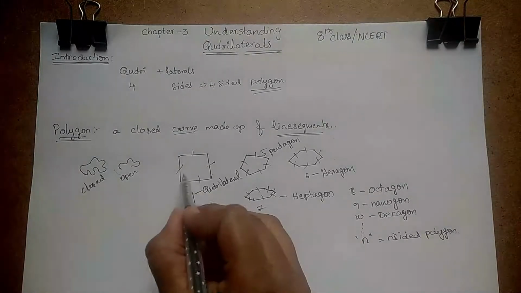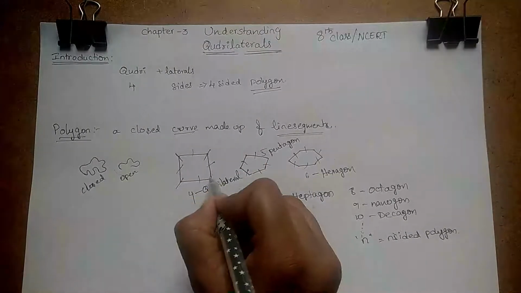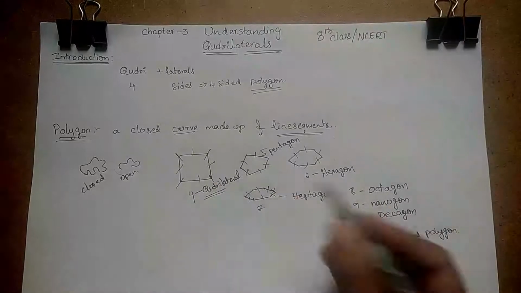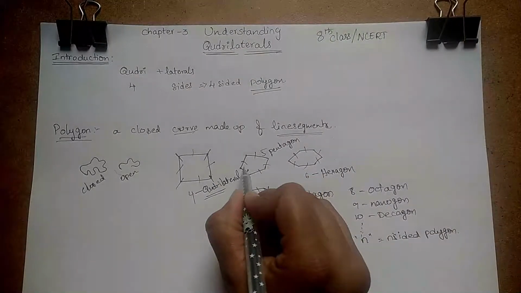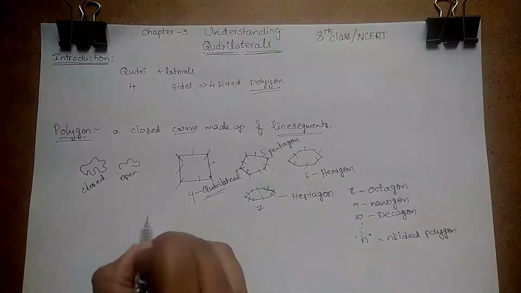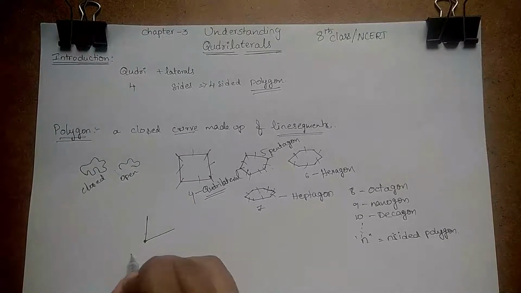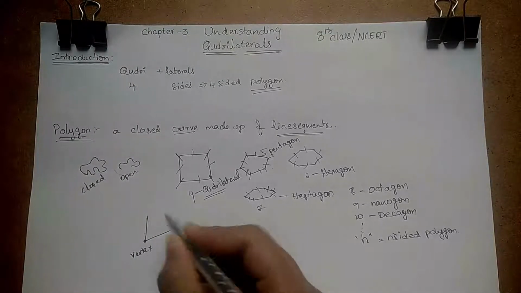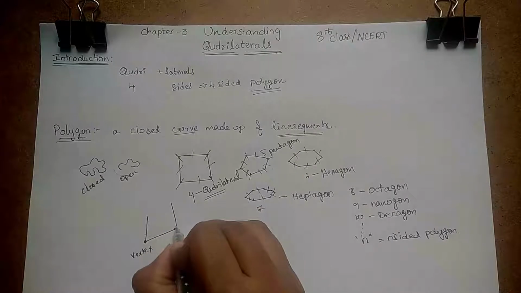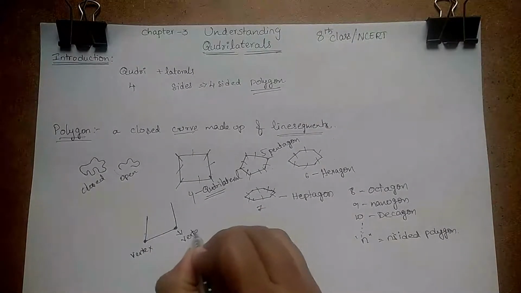If you take 4 sides, a quadrilateral, there are 4 vertices for the quadrilateral shape. If you take 5 sides, here 1, 2, 3, 4, 5 are the vertices. A vertex is nothing but two line segments meeting at a point. If you take another line segment, these two meet at this point, and this is also called a vertex.